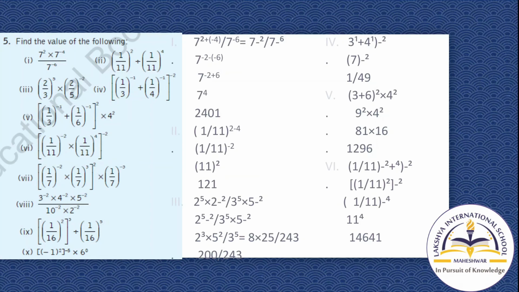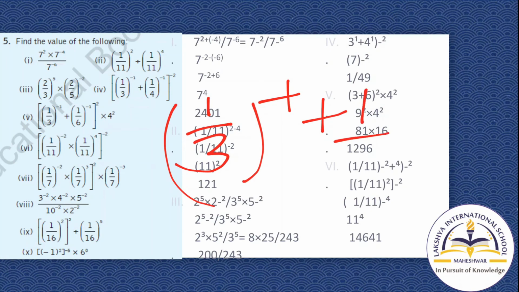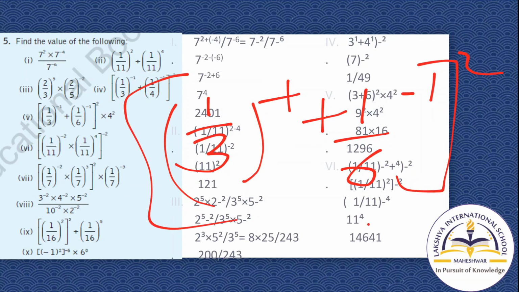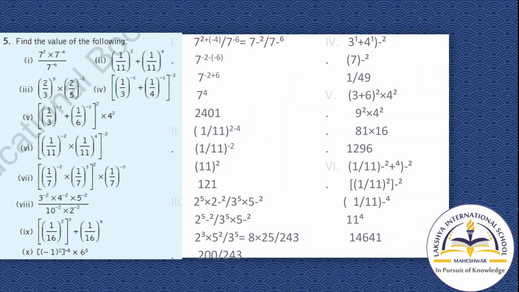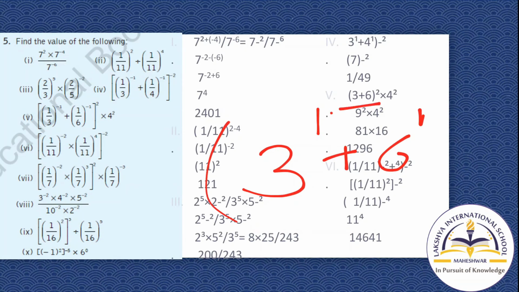Now question number 5. 1 by 3 raised to the power minus 1 plus 1 by 6 raised to the power minus 1, and whole to the power 2, into 4 square. Now how can you solve this? First you have to write 3 because the power is 1 only, plus 6 raised to the power 1. So 3 plus 6 raised to the power 2, then multiply 4 to the power 2.